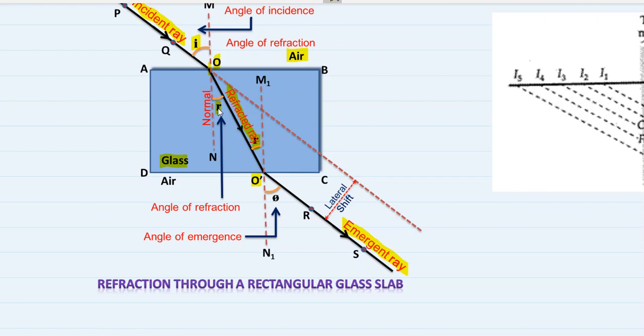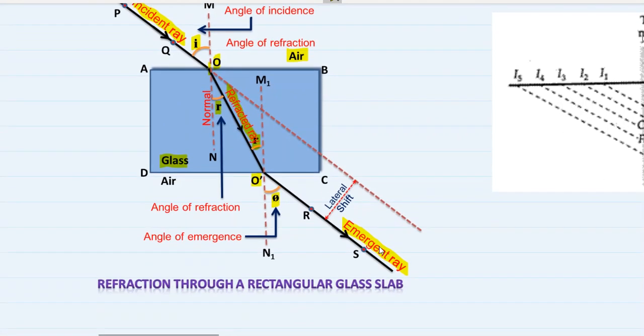So these two angles of refraction form alternate interior angles, so both are equal. This is the angle of emergence, which has been given the symbol phi, but you can give it the symbol e. Okay, so this is the emergent ray.